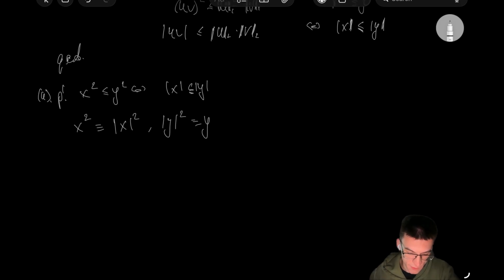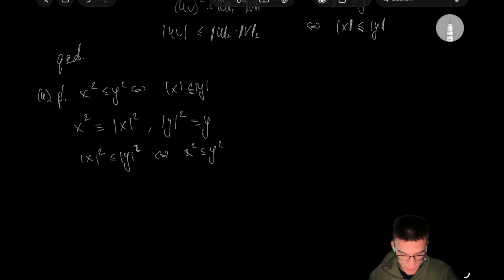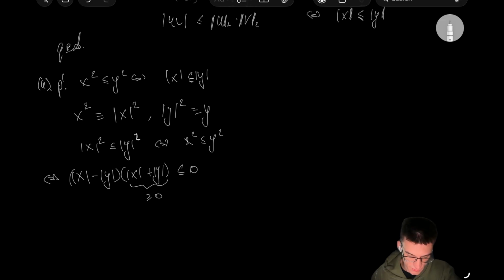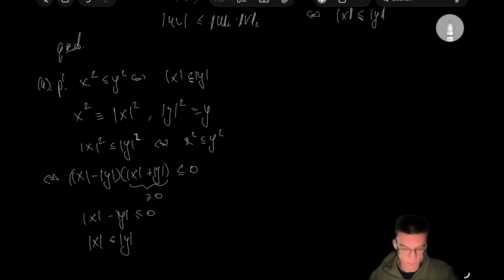So we can say that x squared, absolute value of y squared, is equivalent to x squared less than or equal to y squared, and then we can write (absolute x minus absolute y)(absolute x plus absolute y), because it's a known identity, which is equivalent, and then this part is always non-negative, so we only need to show that absolute value x minus absolute value y is less than or equal to 0, which is equivalent to absolute x less than or equal to absolute y.